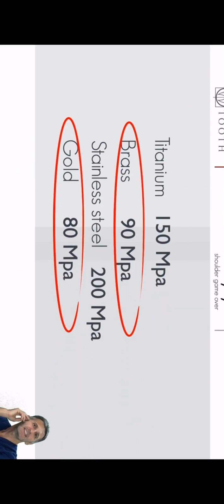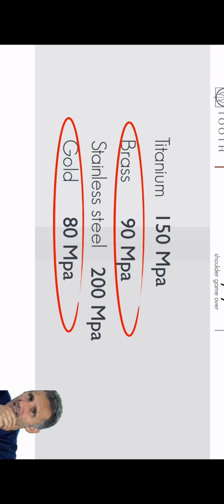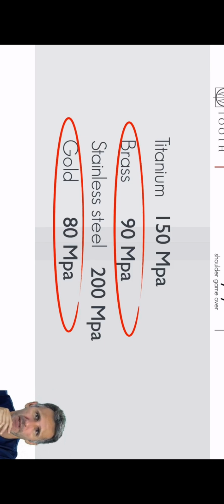If I look at the materials that we have and at the modulus of Young, I will see that titanium is 150, maybe it's too much. Brass is 90 MPa, and this is a very good option. Stainless steel is 200 MPa, again too much. Gold is another great solution with 80 MPa.